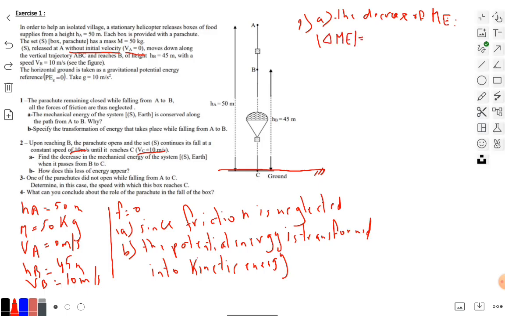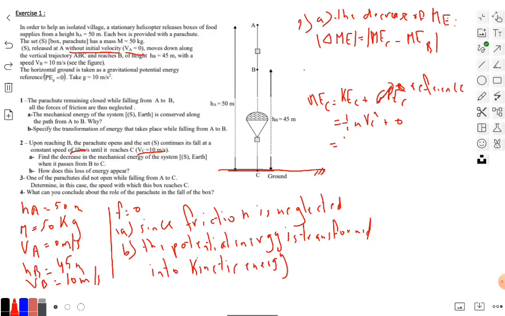So it's equal to the absolute value of ME at point C minus ME at point B. This is very important. ME at point C equals kinetic energy at point C plus gravitational potential energy at point C. Kinetic energy equals half m VC squared, plus GPE at point C, which is equal to 0 on the reference.